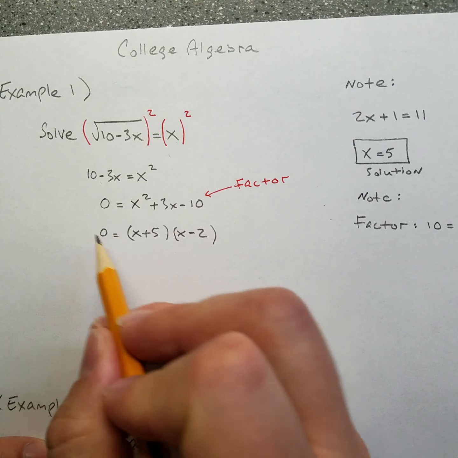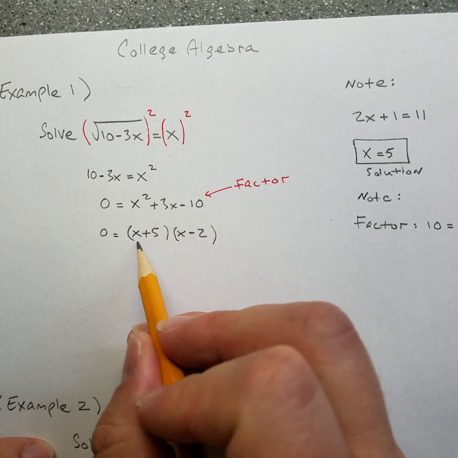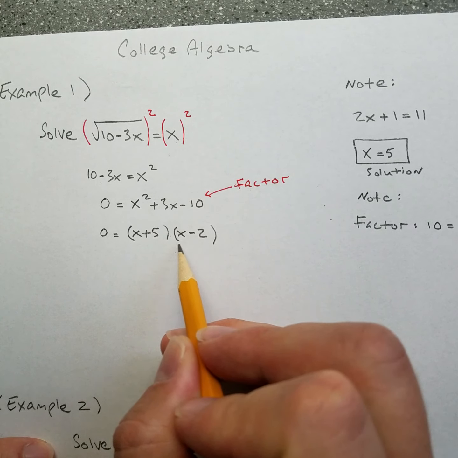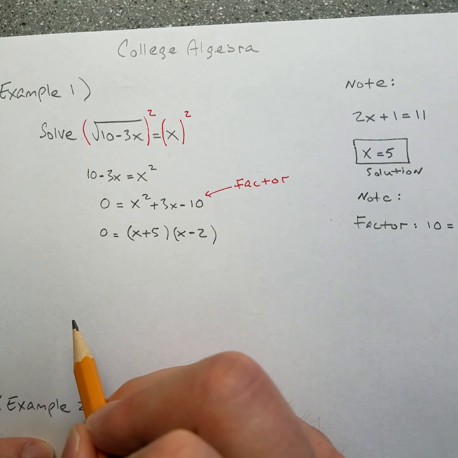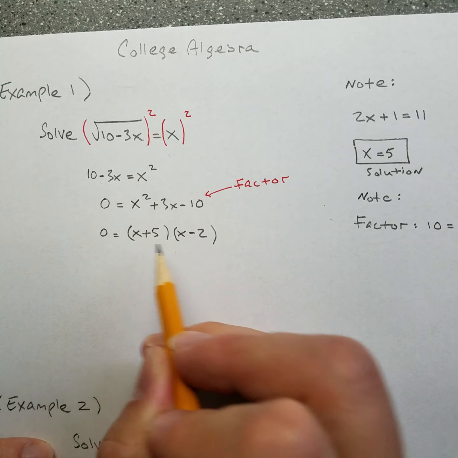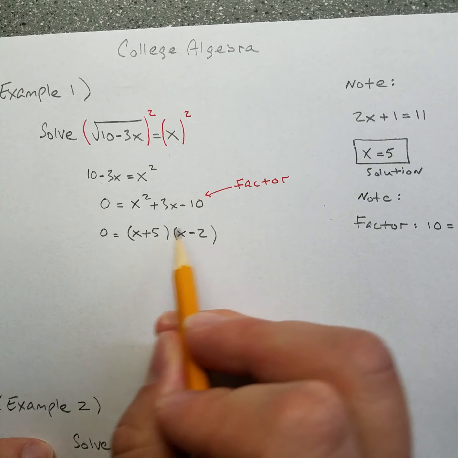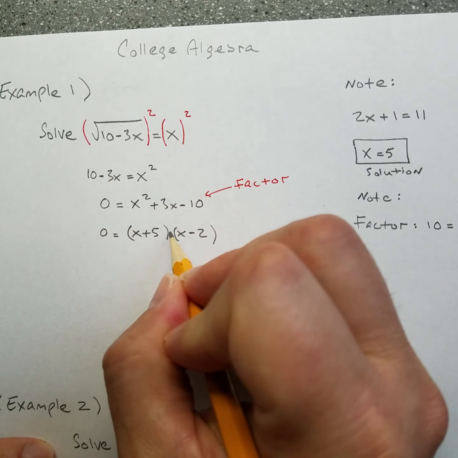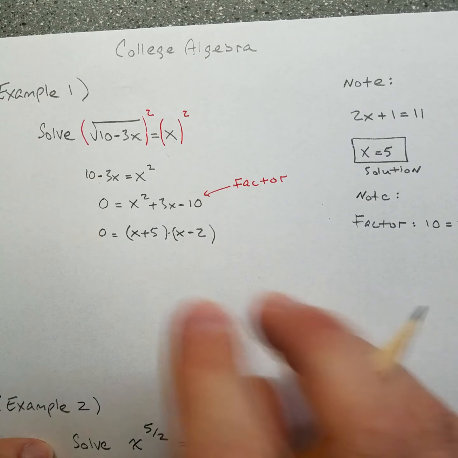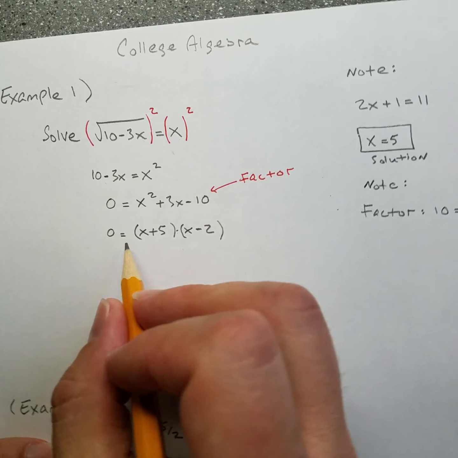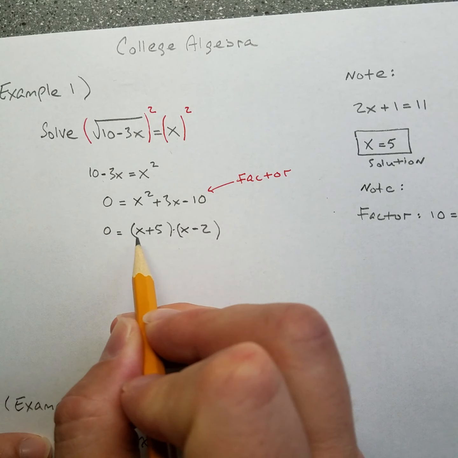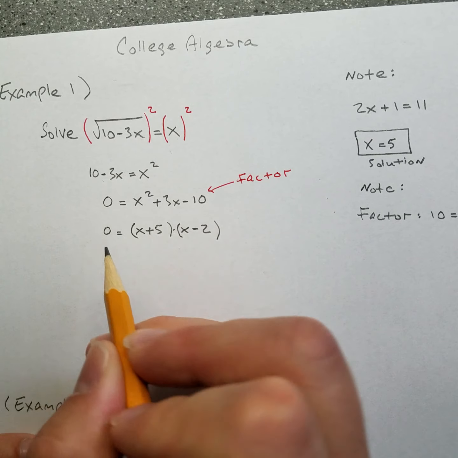Now, why do we get to 0? Well, isn't it true that if one thing times another thing is 0, one of these things has to be 0? I mean, how do you multiply to get 0? And this is multiplication. Yeah, one of those things has got to be 0. So we take advantage of the fact that it's this times that. It's equal to 0.